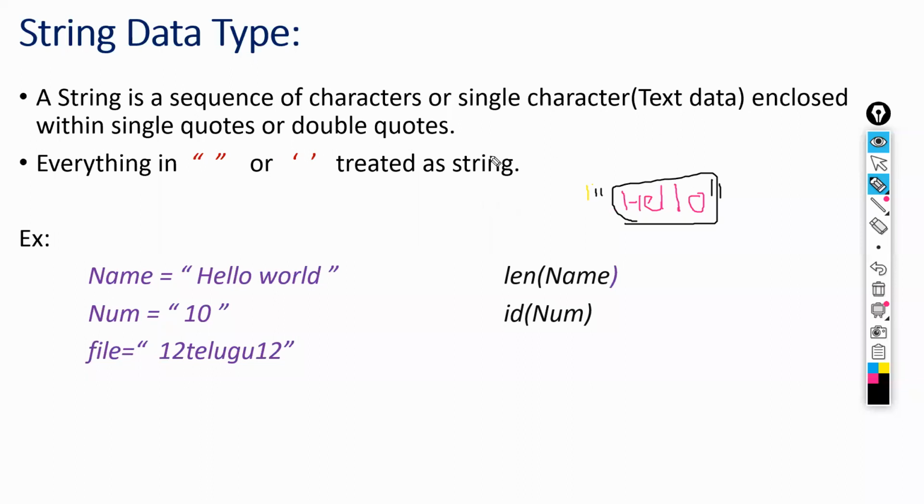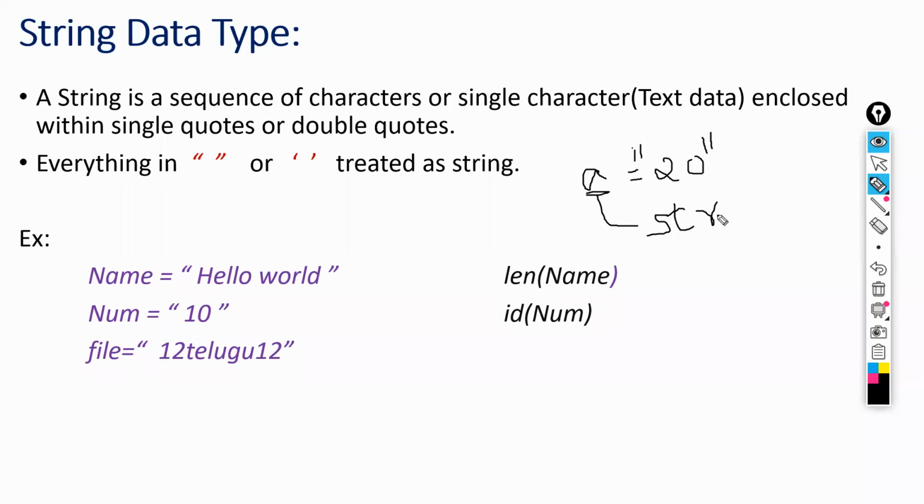That's the reason whatever you write in between two quotes or single quotes is treated as string. Whatever, if I say whatever, means simply A equal to 20. This is the integer data type because this is a natural number. If I want to keep this 20 in between two quotes, that is A equal to "20", now this data type becomes string.